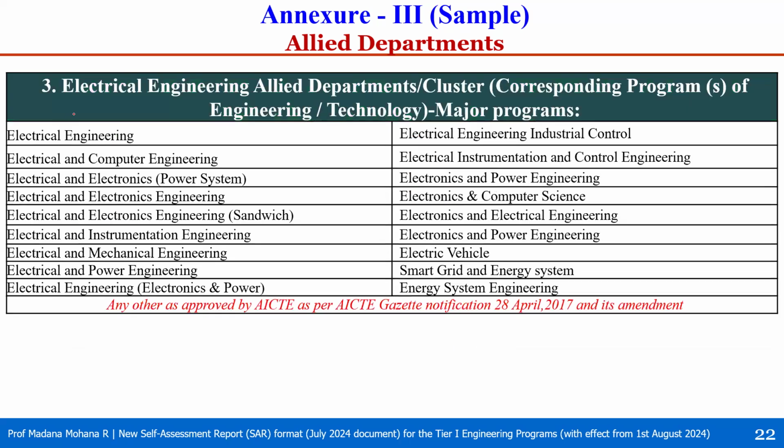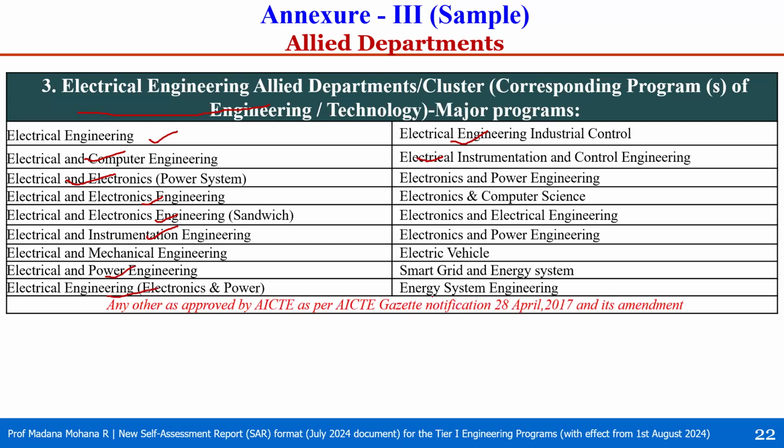Then another example, electrical engineering, triple E. Its allied departments are cluster programs. For example, electrical engineering, industrial control, electrical and computer engineering, electrical instrumentation and control engineering, electrical and electronics power system, electrical and electronics engineering, electrical and electronics engineering sandwich, electrical and instrumentation engineering, electrical and power engineering, and so on.